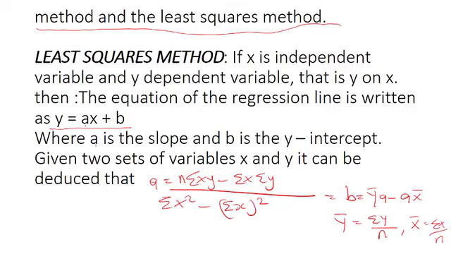Here n means the total number of elements involved in the calculation. If we are talking about 7 elements, our n will be 7. So these are the parameters that we really need to calculate when we are dealing with regression and the least square method.